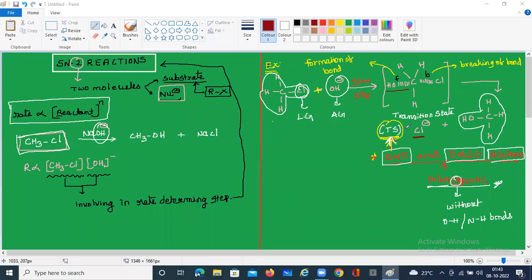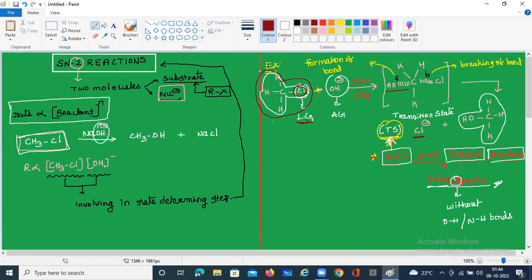One more important point here: the reactivity of the substrate. The substrate must contain a leaving group, like this chlorine.